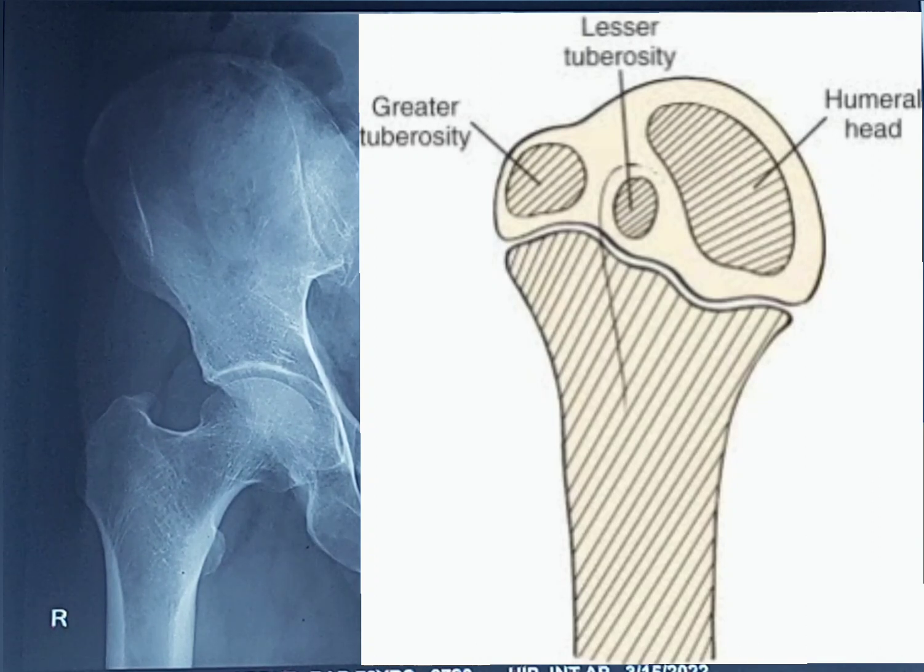Then by a single plate of epiphyseal cartilage, they are separated from the diaphysis and joined together. But here a separate plate is there and they join separately. So this is a simple epiphysis.